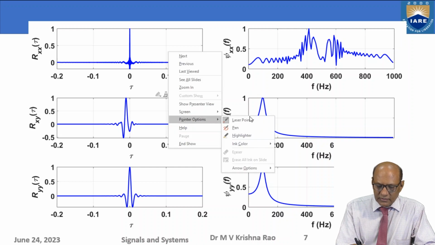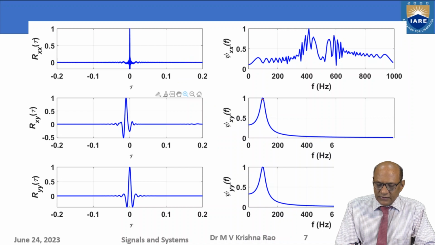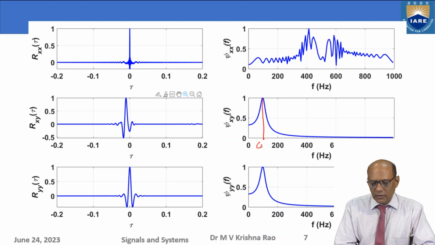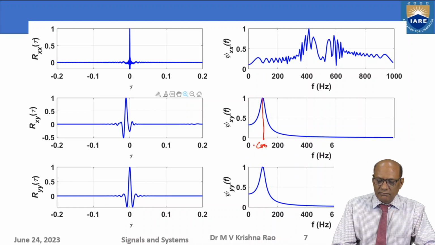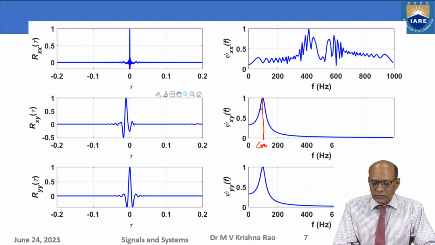This looks like 100 Hz. This looks like an oscillator, a narrowband filter, like an RLC resonance circuit with high Q factor. If the Q is high, the bandwidth is very small.